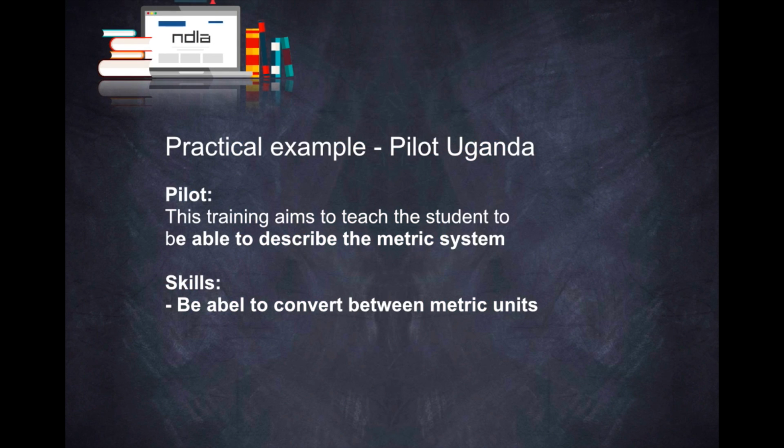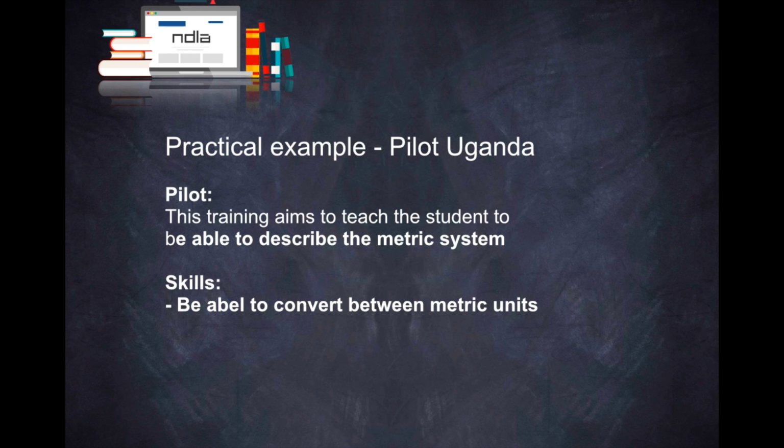And we're just going to dive into the actual example here, being, in this case, something we started in Uganda, a pilot where we just sat down and said, what kind of resources do we need right now? And in this case, it was resources on the metric system. We're aiming to teach the students to be able to describe it as a competence level.